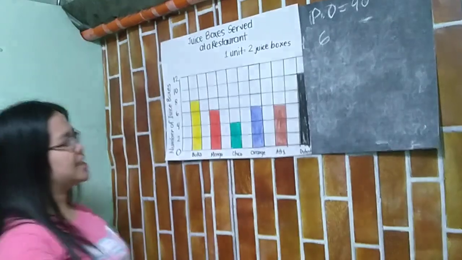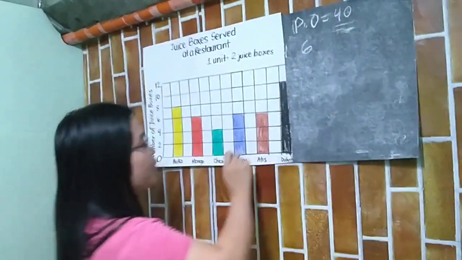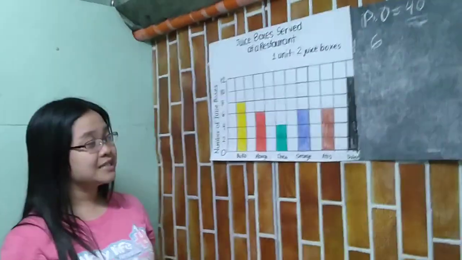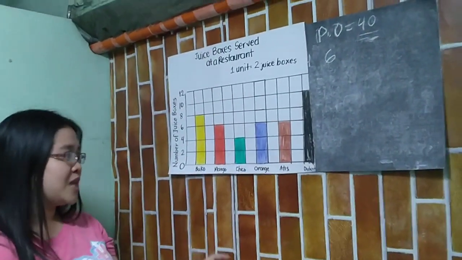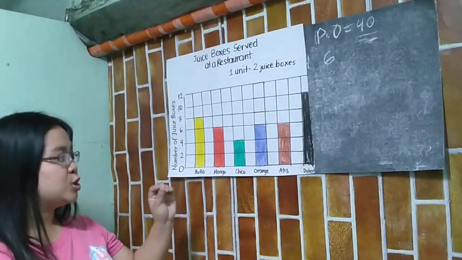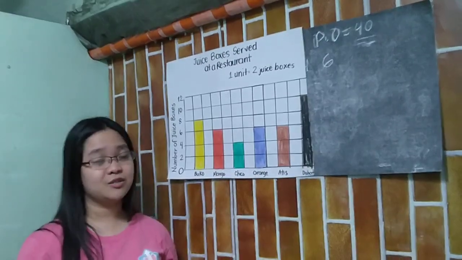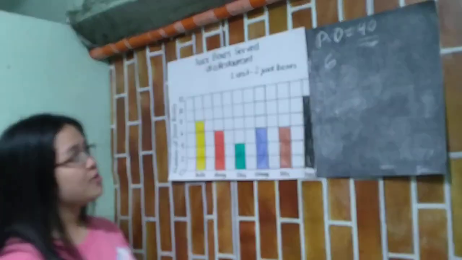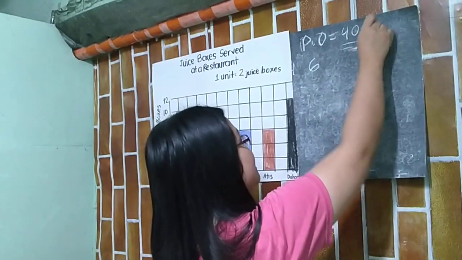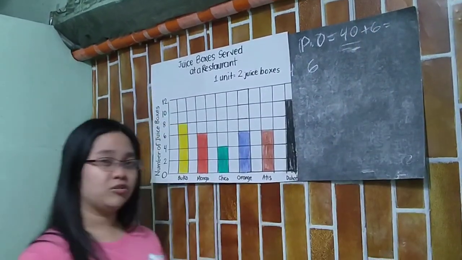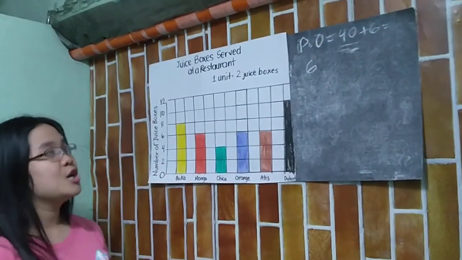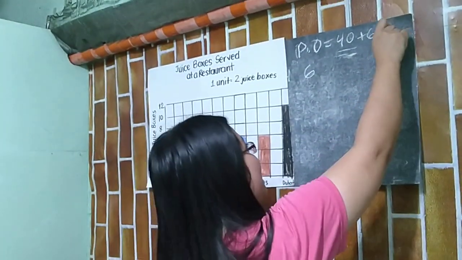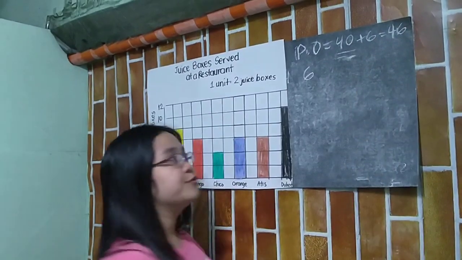Since we already have the 40, knowing that the orange juice is just 6, but in our next problem, it says the orange juice increases by 6. So we also have to add 6 to our possible outcome. So 40 plus 6, that is 46.